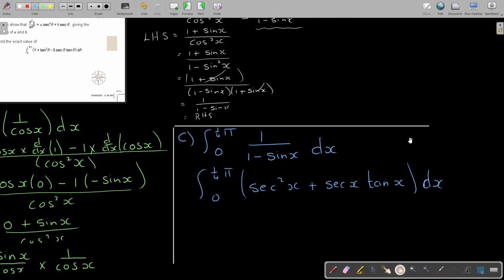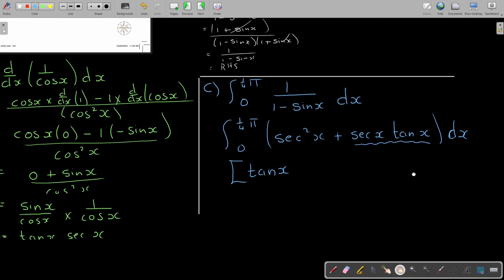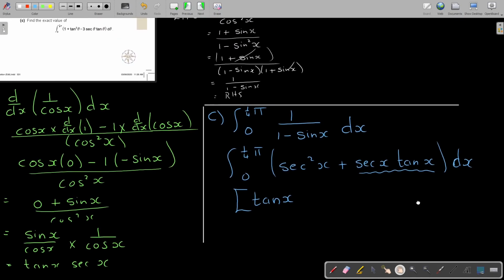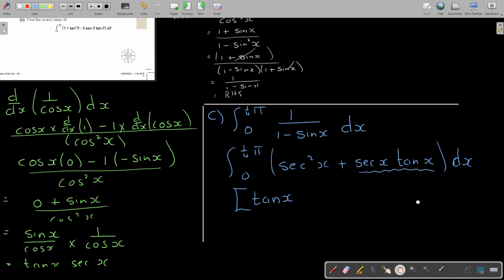Now, if I integrate, remember the rules again. Sec squared, very easy, it's just tan x. Now remember this. Let me show you here. Do you see this? This is the same as this. It's actually reversing back, because that's what integration is.